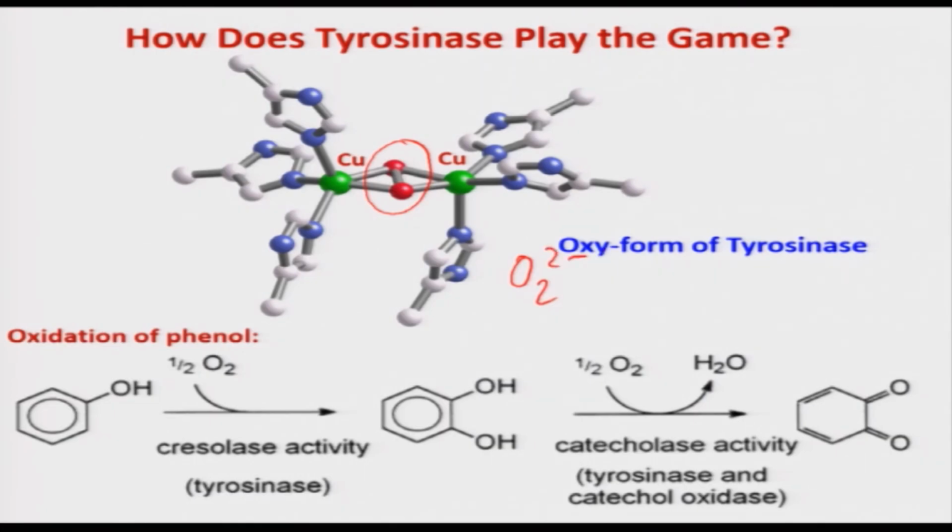This tyrosinase actually oxidizes phenol from monophenol to diphenol and from diphenol to quinone, and this quinone is actually brown, which is responsible for browning at the surface.